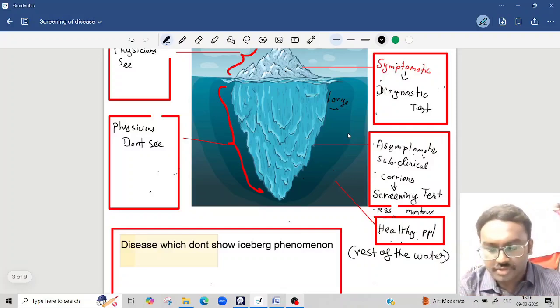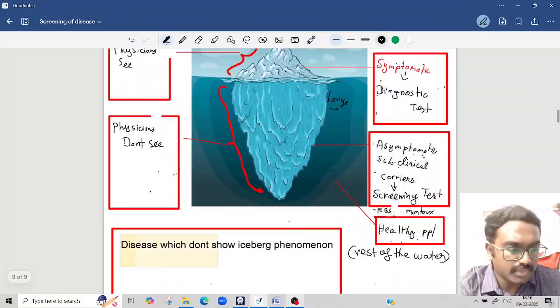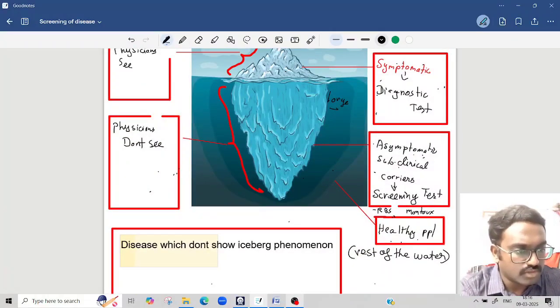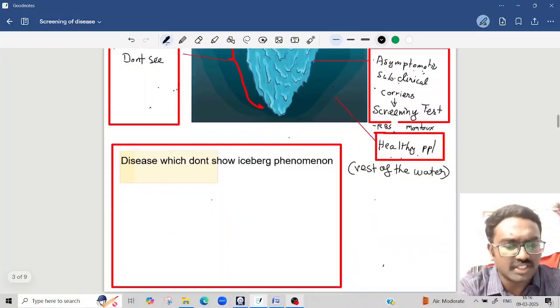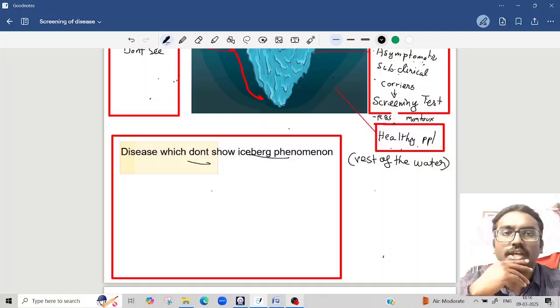Having said that, there are some diseases which don't show the iceberg phenomenon. We already know that most diseases show the iceberg phenomenon, but some diseases don't.